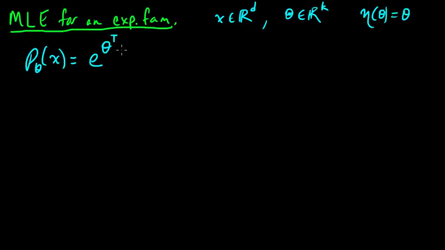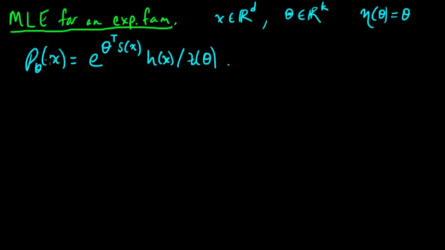So this is e to the theta times s of x, where s is a vector valued function, times h of x for some non-negative function h, divided by z of theta. So that's what we're working with here.